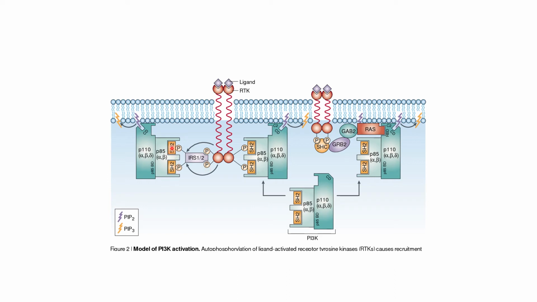The SH2 domains can be phosphorylated, and further they phosphorylate other effector proteins. Similarly, here another tyrosine kinase is shown, which can bind to SHC or GRB2 and RAS proteins. These are all cytosolic proteins which are mediating different cascades and pathways.